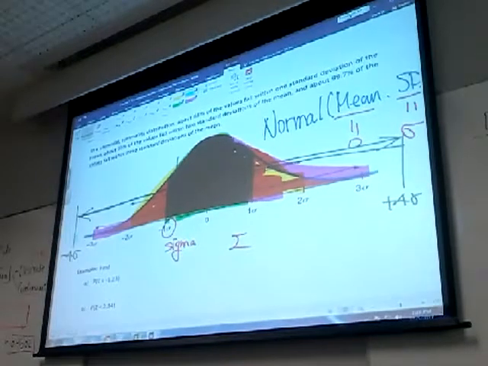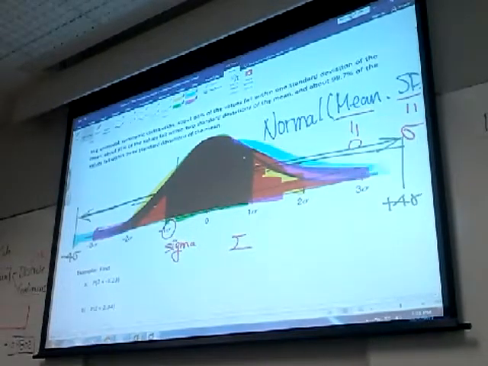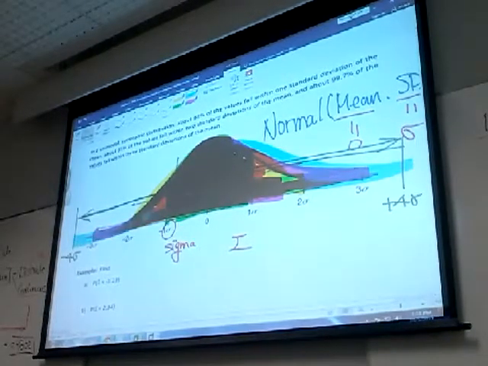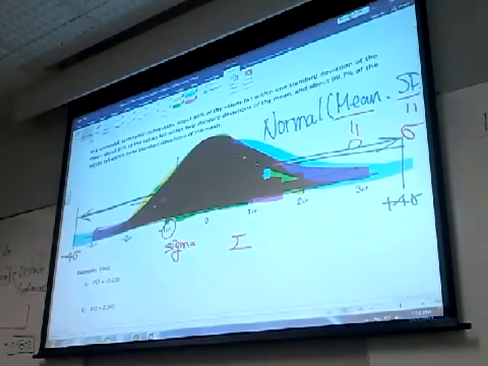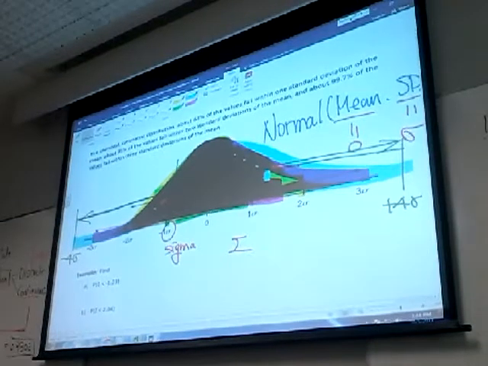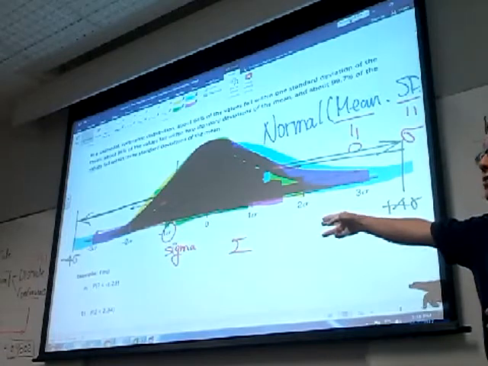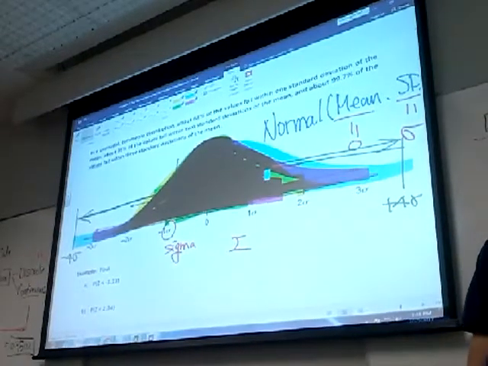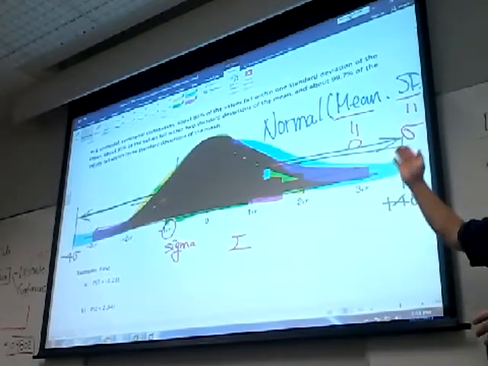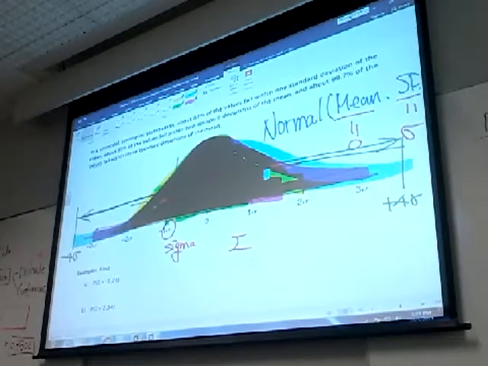And finally, from here to here, plus and minus 4, there is almost 100%. So the area under the curve will be the probability for a continuous random variable. Does it make sense? And it is the normal distribution.